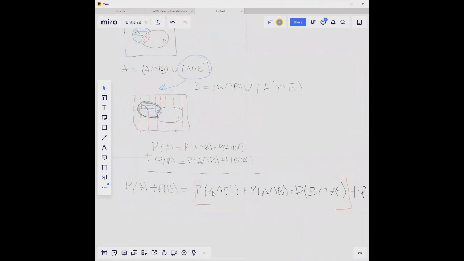So we have the probability of the intersection of A with B complement.